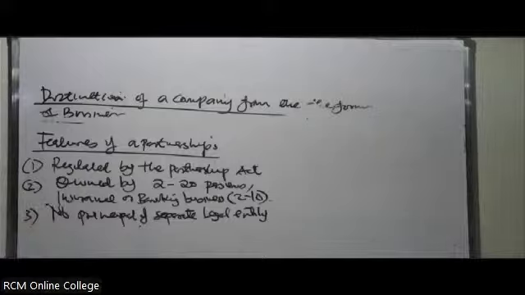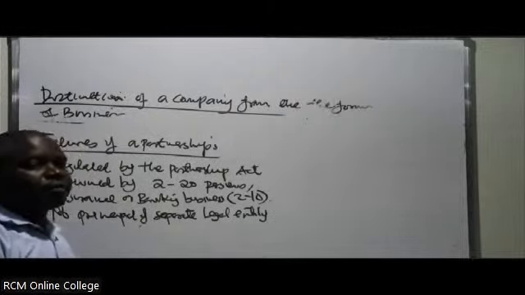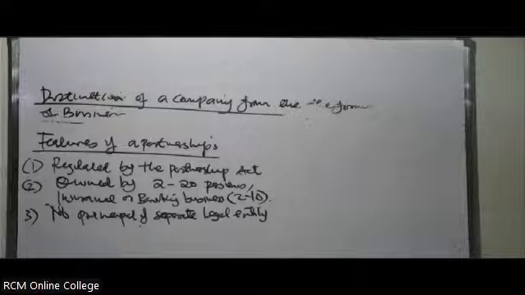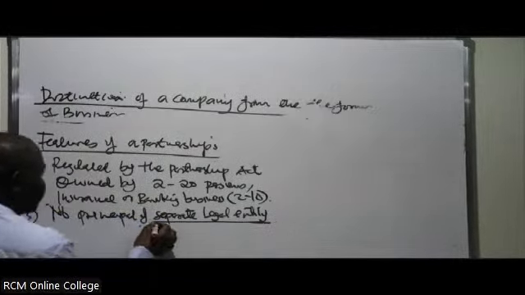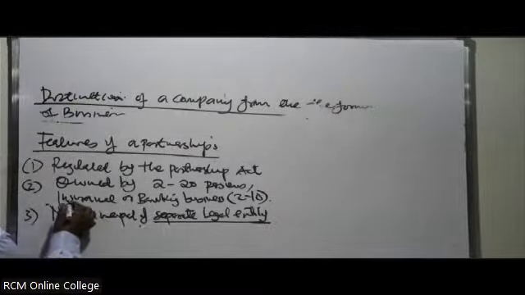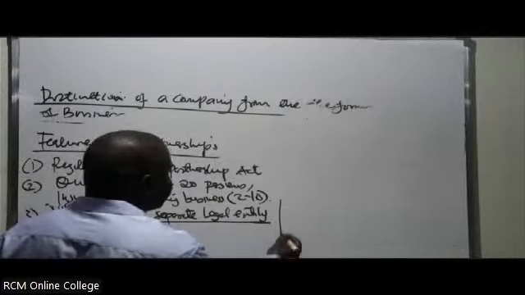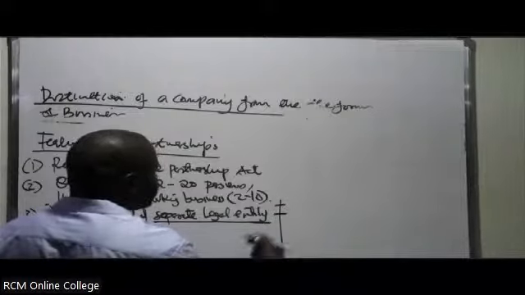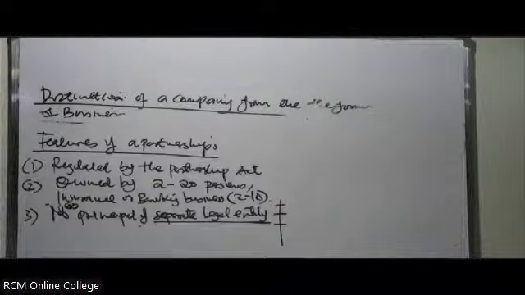When you talk about contracting, it will be in the name of the partners. As a result, the emanating features of this principle don't exist here, and therefore they bring about differences: contracting in its own name, ownership of property in its own name, perpetual succession. They won't exist here.